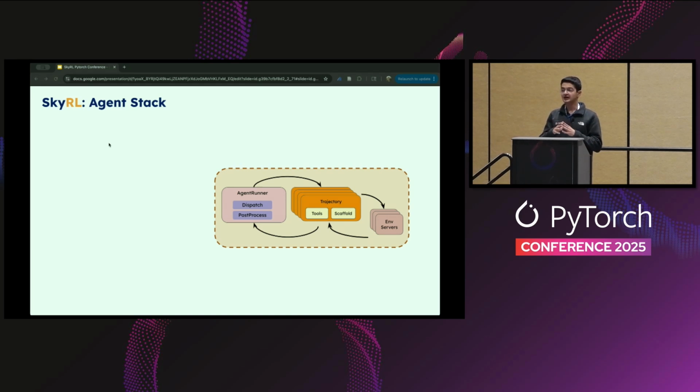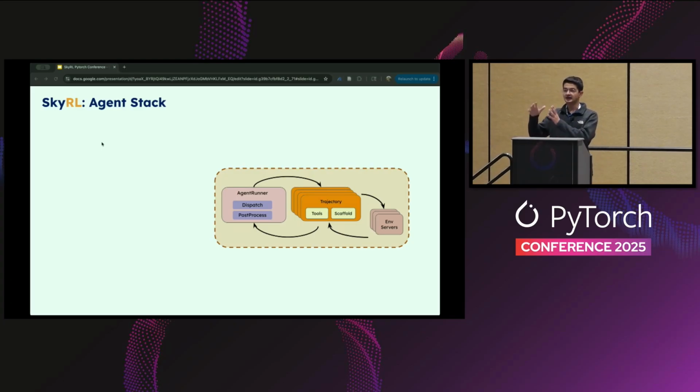At a basic level, you have this agent runner class that is concerned with just managing generation for a batch of trajectories. It's going to use some specified dispatch logic to dispatch generation to these trajectory instances. For each trajectory, you can also specify a list of tools the LLM has access to, as well as the agent scaffold you want to use for this task.